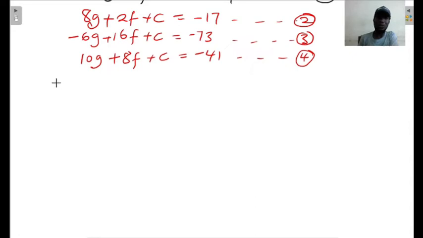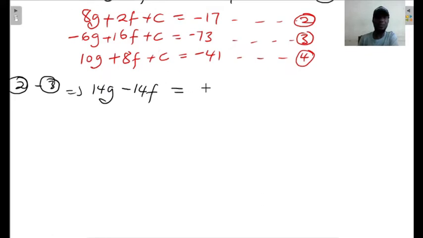So I am first going to do equation 2 minus equation 3. So let me just write that equation 2 minus equation 3 will be giving us 8 minus negative 6 will give us 14g. Then 2 minus 16 will give us negative 14f.